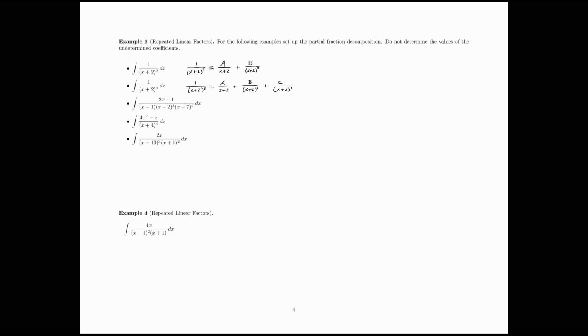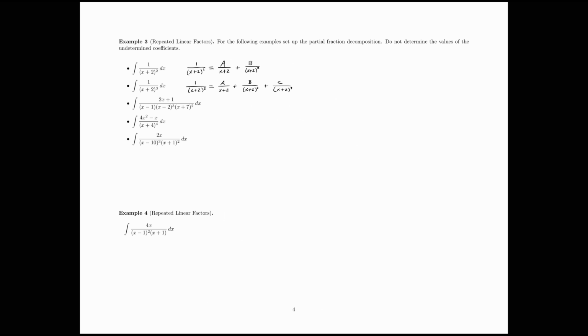All right, now for this third one, let's see here. Now we have a blend. We have two repeated linear factors, right? They are distinct in the sense that we don't have a total of 5 repeated of the same kind. We have 2 different factors, and each of them is repeated. And then we've got this distinct factor, x minus 1 to the first power.